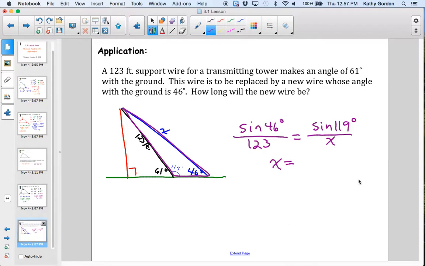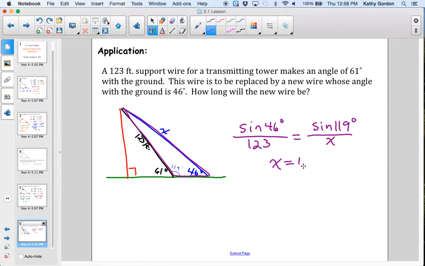If we take the sine of 119, multiply it by 123, and then divide by the sine of 46, how long should our new wire be? 149.62?